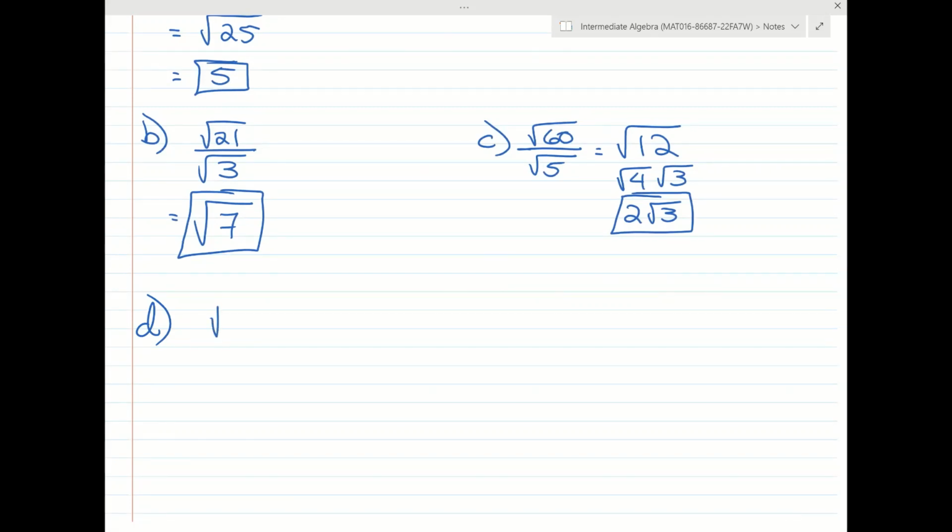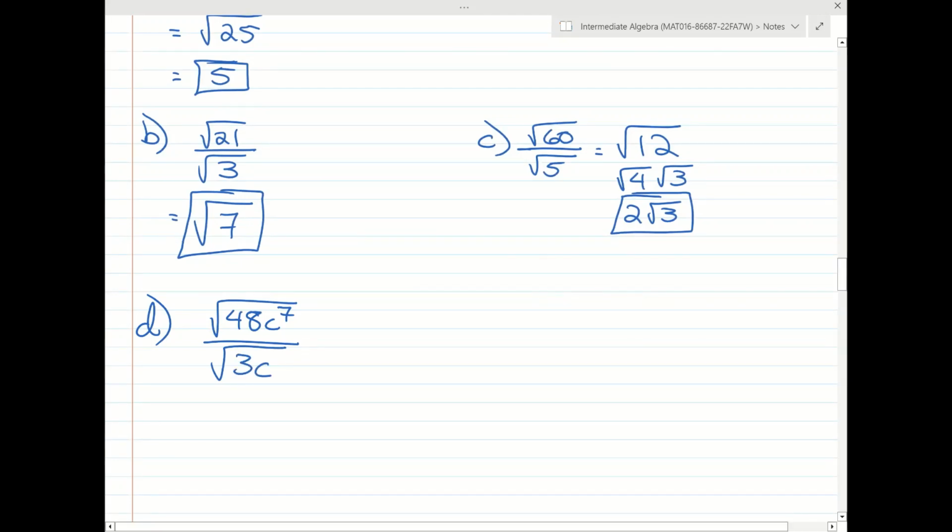Or the square root of 48 c to the 7th divided by the square root of 3c. 48 divided by 3 is 16.